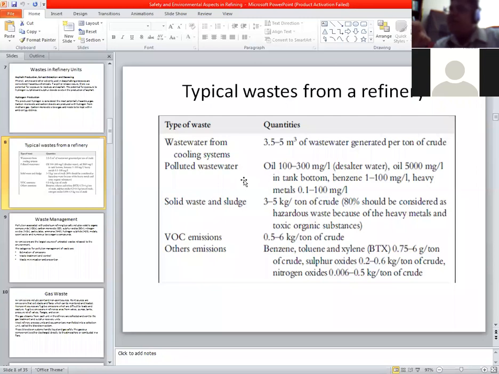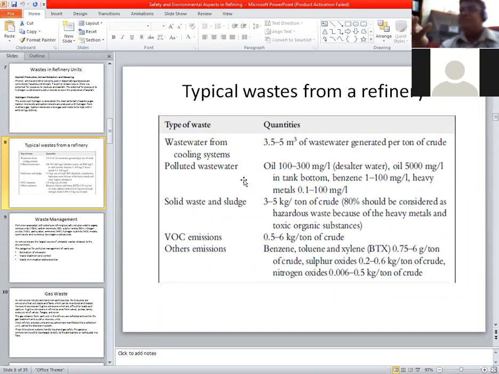Then instead of lead, you already know that another additive is used, called MTBE, methyl tertiary butyl ether. MTBE, you have to know that if you use this additive in the gasoline, the octane number increases.